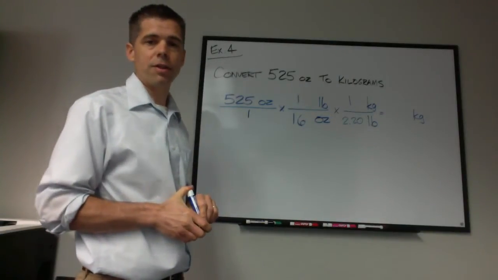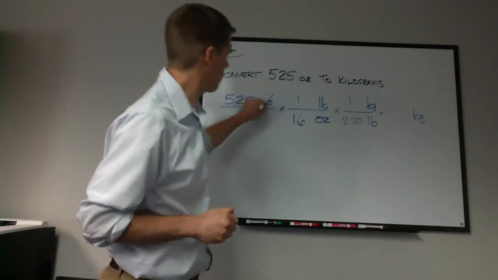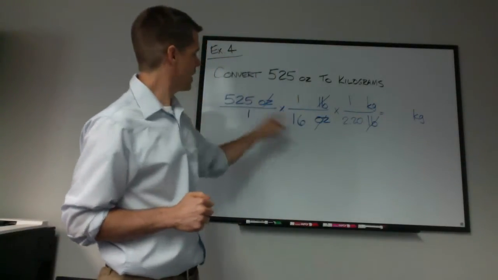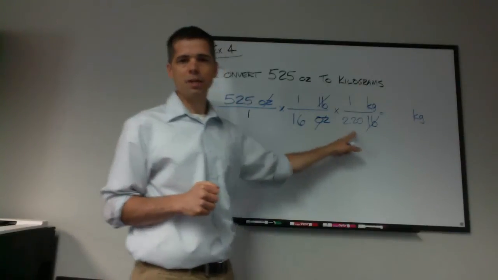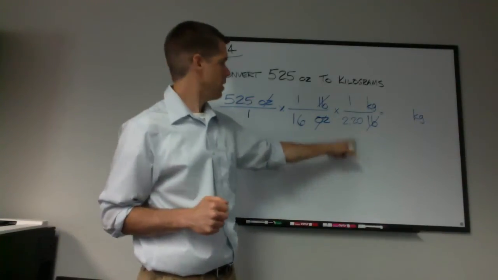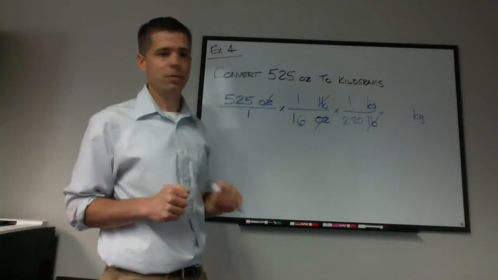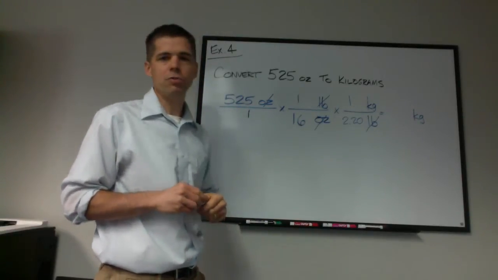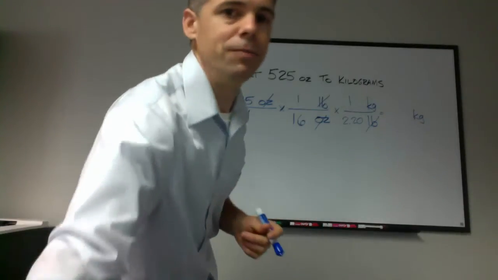All right, so now all that's left is a little calculation. We crossed out our ounces and our pounds. We had to divide this number by these 2 numbers, and again, you divide if they're on the bottom. If there's a number on the top, you multiply. We're dividing 525 by 16 and also by 2.20, and then we'll get our answer.